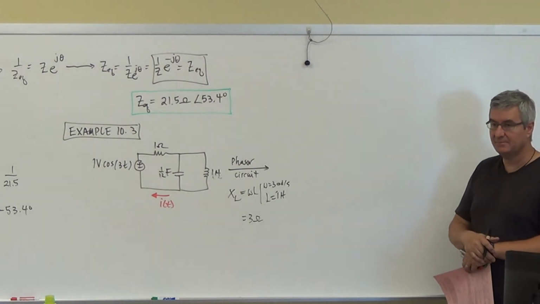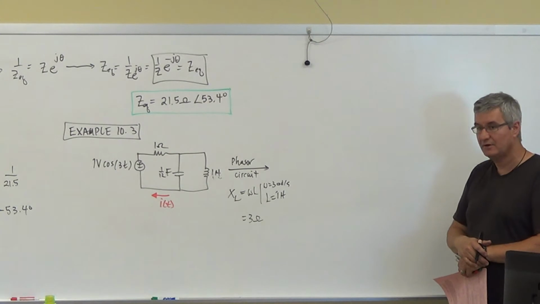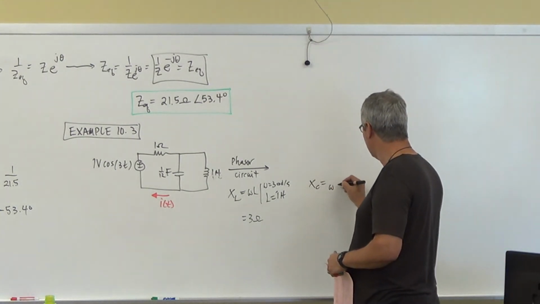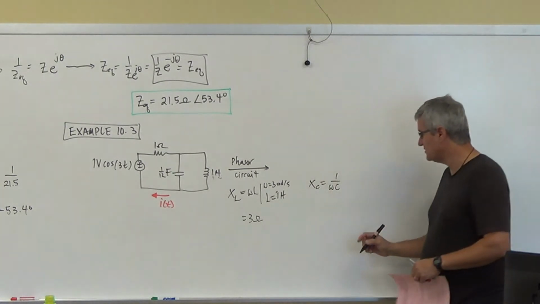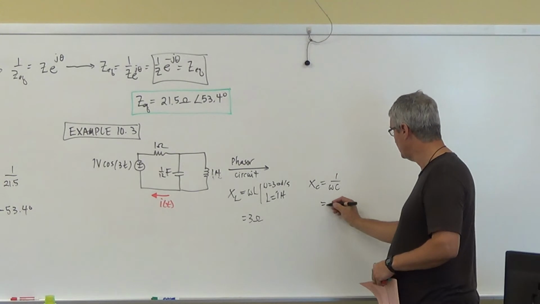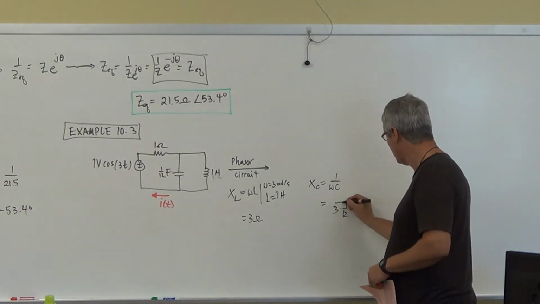Let's do the exact same thing with the capacitor now. The capacitor has what? XC is omega times C in the denominator. Let's put it in. Omega is what? 3. The cap is 1 over 12.